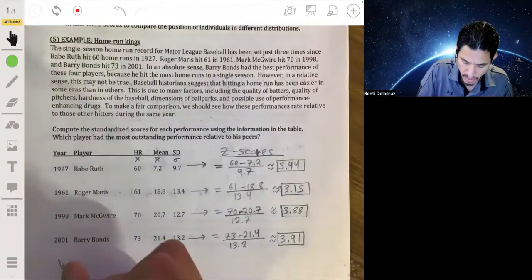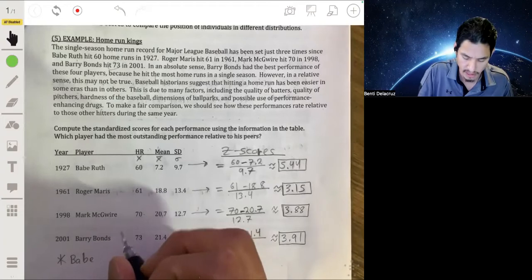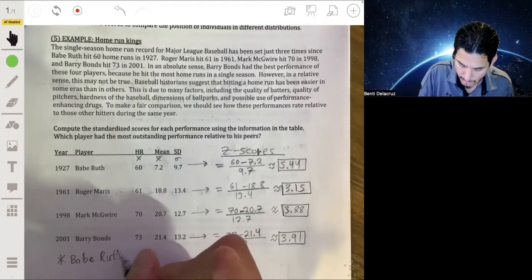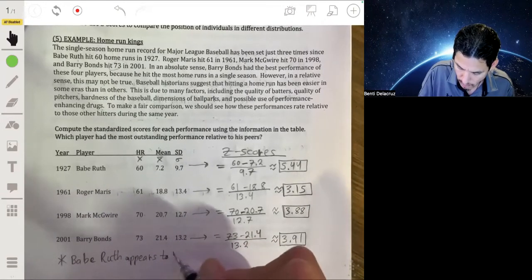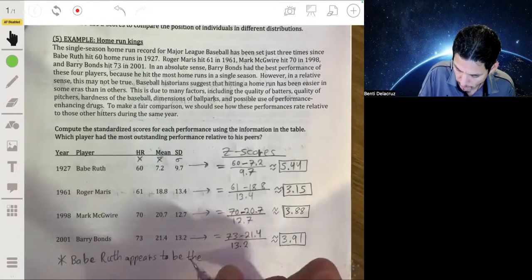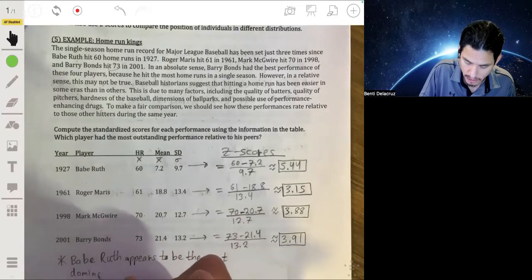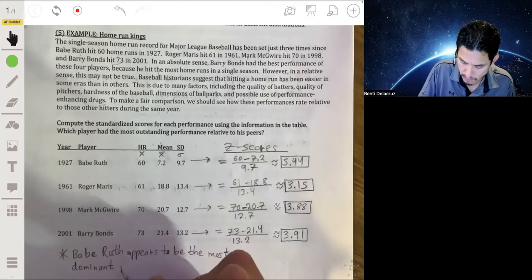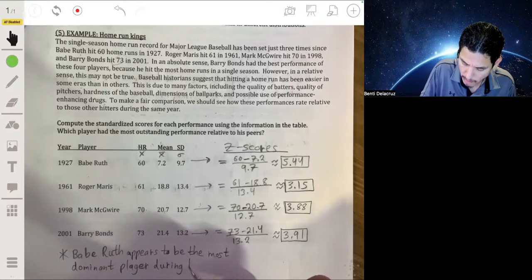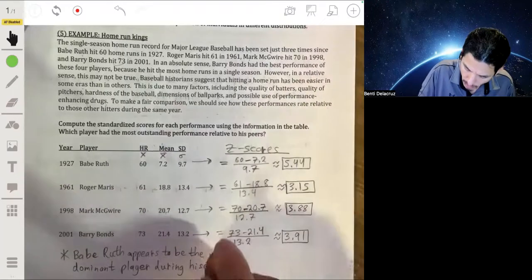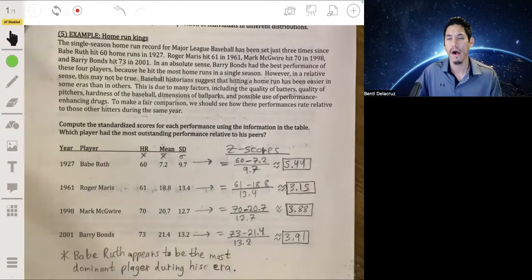So we could say that Babe Ruth appears to be the most dominant player during his era, which is why he's known as a great.